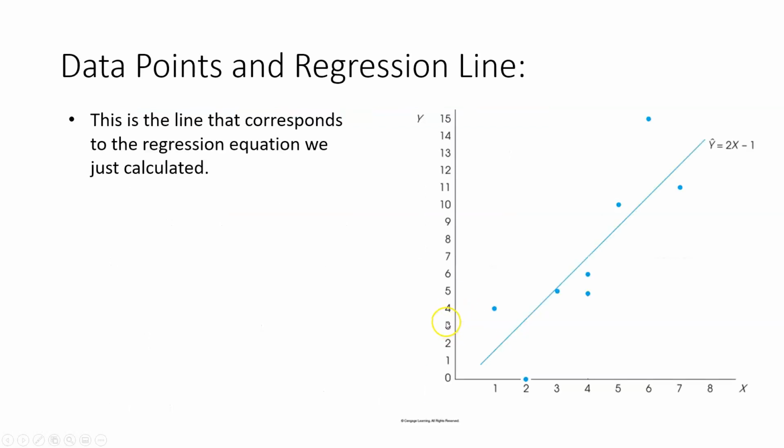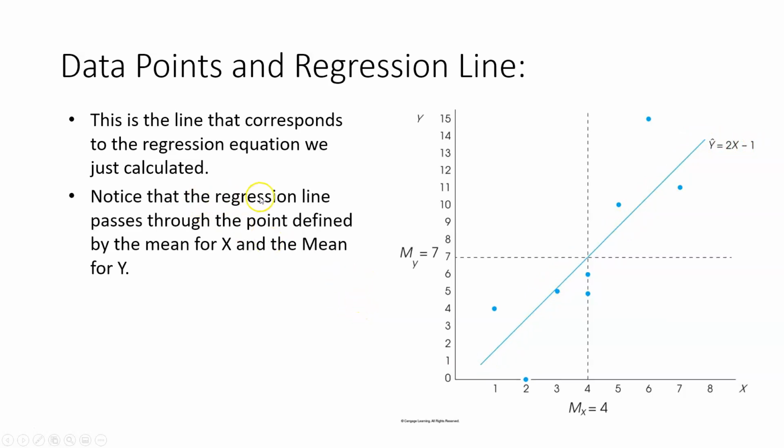Now, this is the set of data that we just showed on the last screen, and this is the line that we just computed. Y hat equals 2x minus 1. So we draw this line right here, and you can see that the regression line passes through the point that's defined by the mean for x and the mean for y.